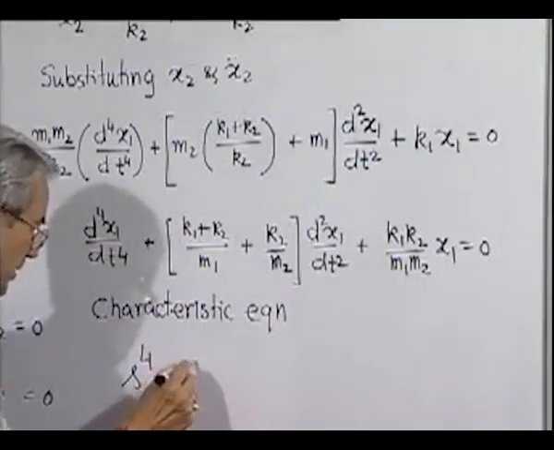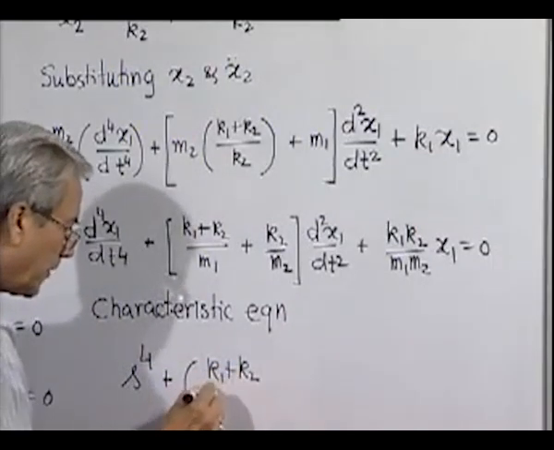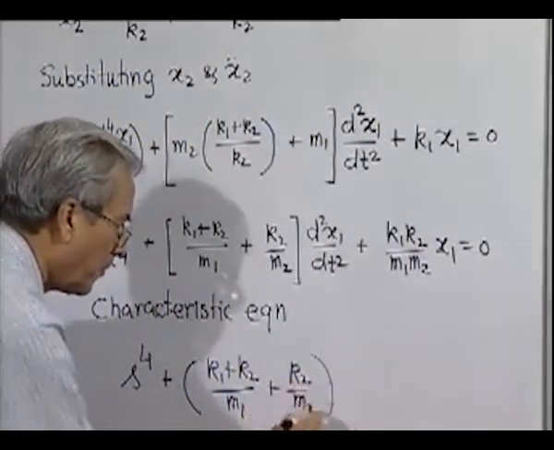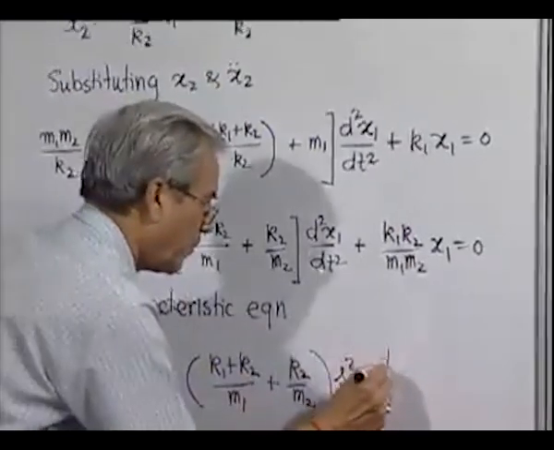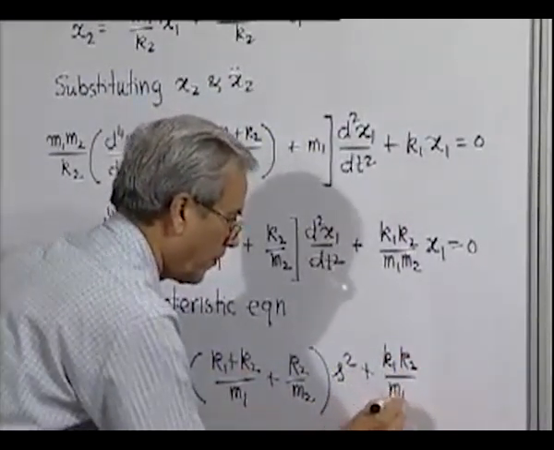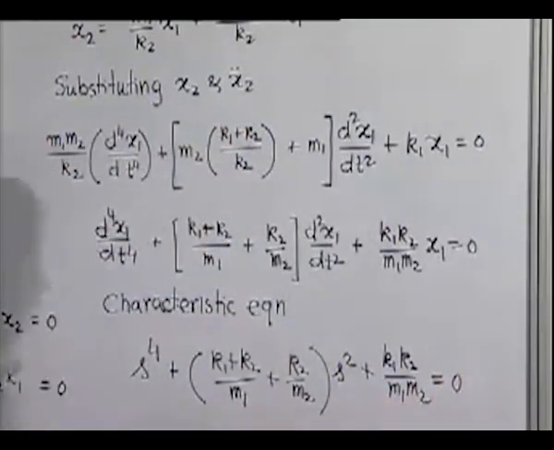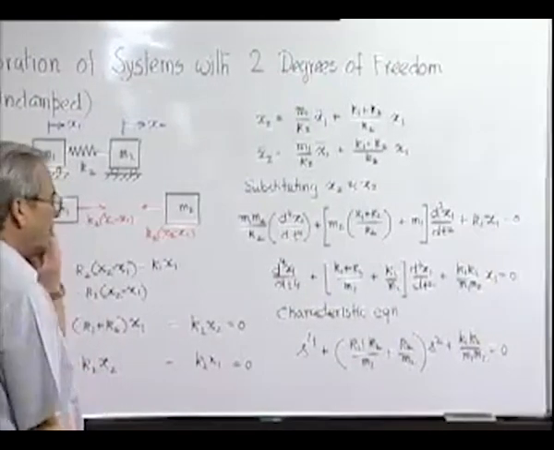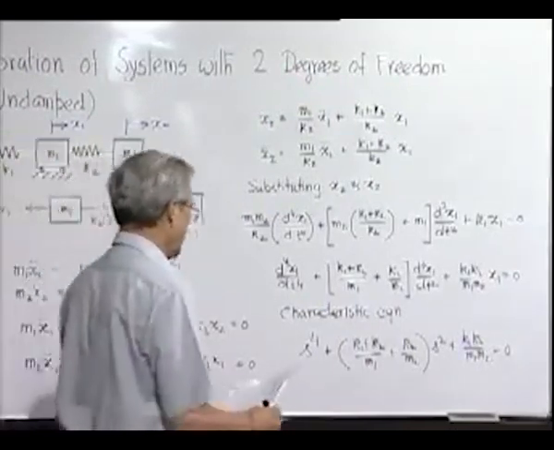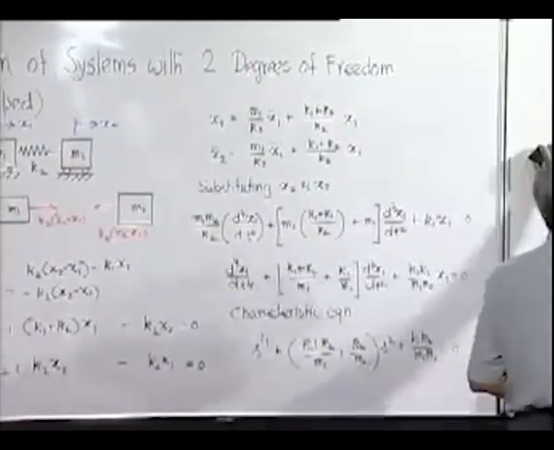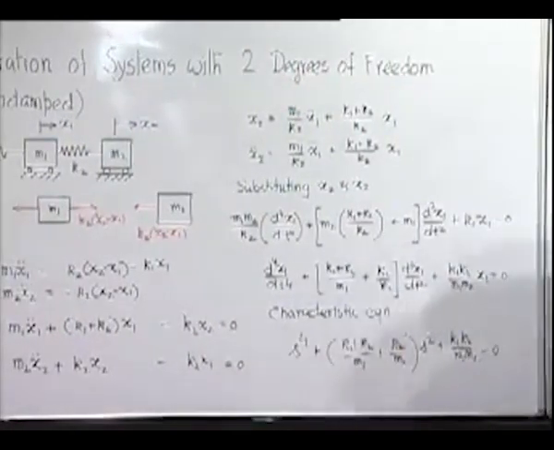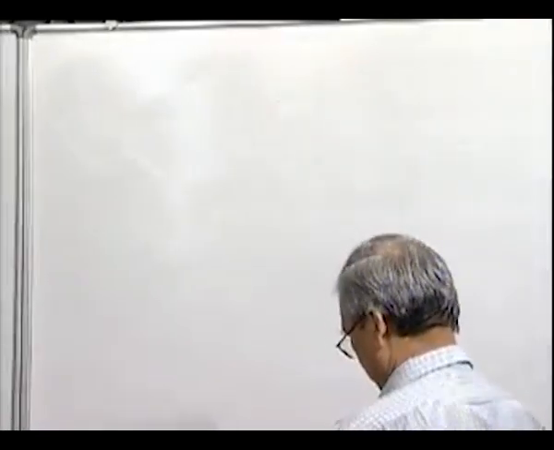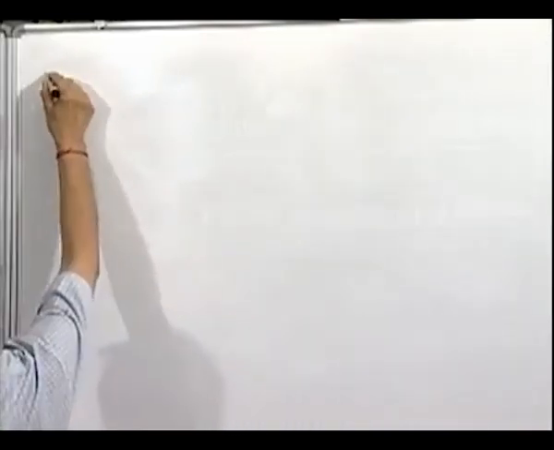Next one. So if we take the solution of e to the power st form, the characteristic equation will become s to the power 4 plus, and the solution to this will provide the two omega square values, and those two will be the two natural frequencies.